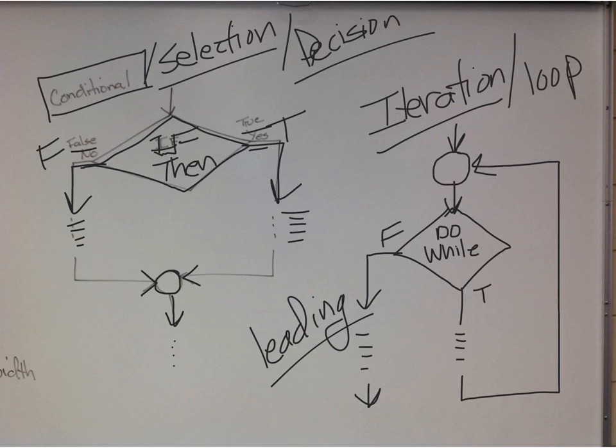So, to summarize, we have at this point 3 control structures. These control the flow of either your design, your code, or whatever.